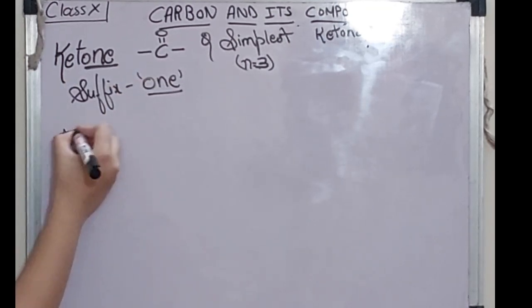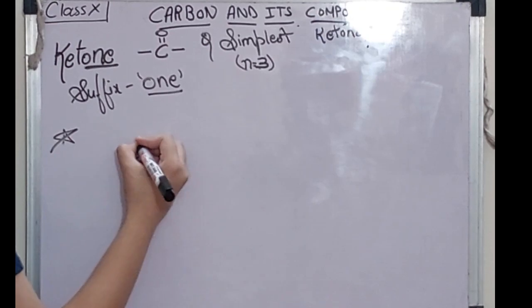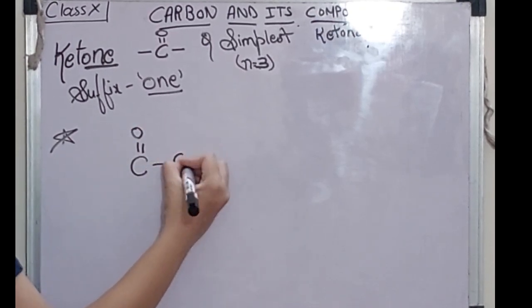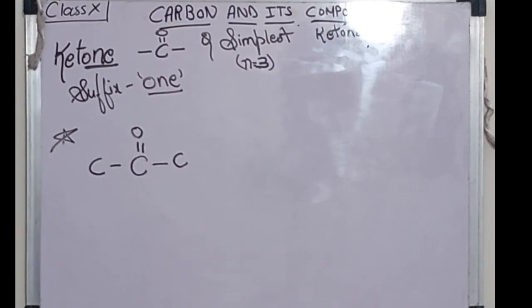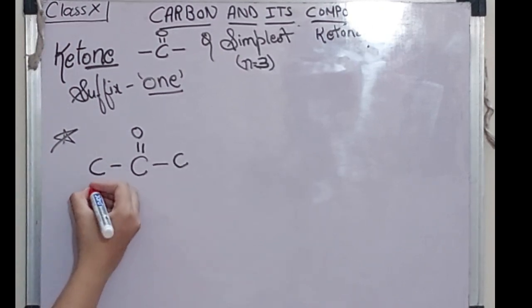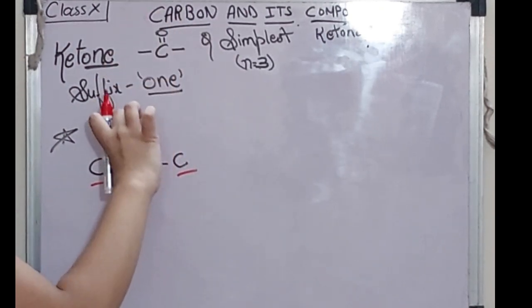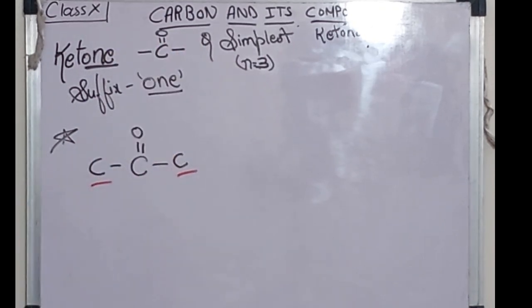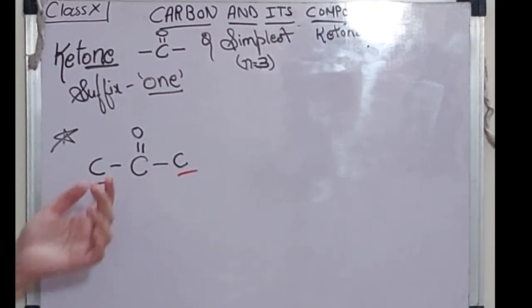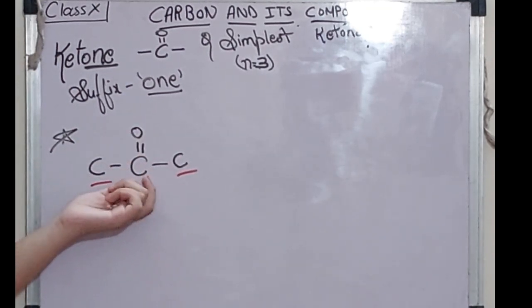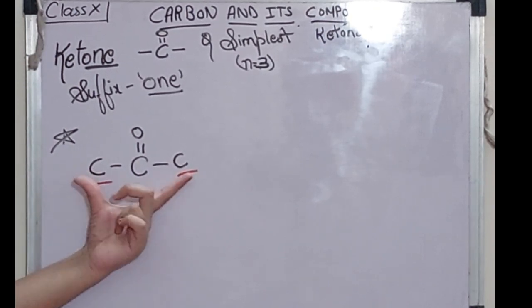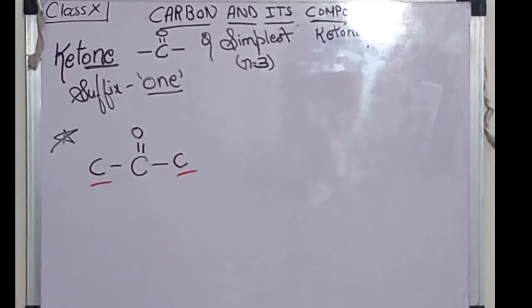Ketone has a star point that you have to remember: when it makes a double bond with oxygen, its side valency should be completed with carbon only. You will say, what? It might be confusing. So I said that when you put this functional group, the side valency you have to complete, to complete the valency you will not add hydrogen but carbon. It means that whichever carbon the oxygen makes a bond with, both its sides should have carbon. Okay, so this is the simplest ketone.